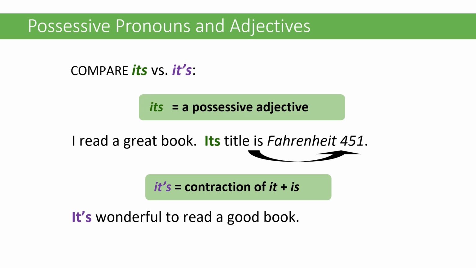Its is a possessive adjective modifying title. It tells you whose title. When it's has an apostrophe, it's a contraction of it is. It's wonderful to read a good book, or it is wonderful to read a good book.